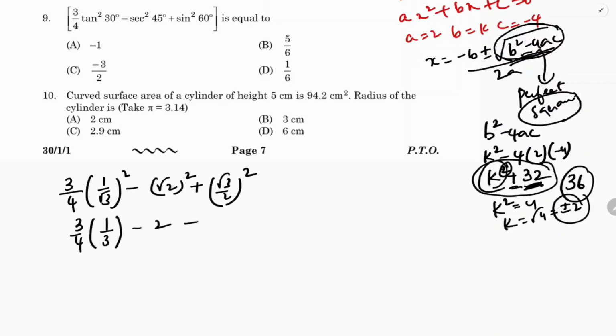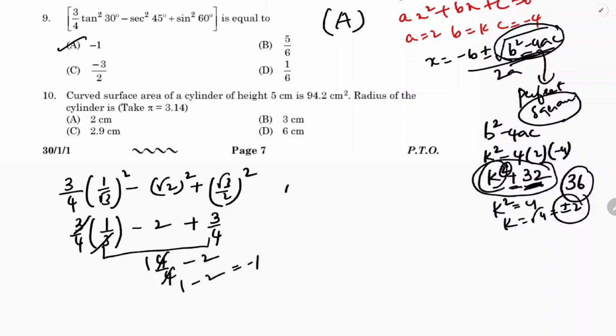Root 2 whole square is 2. And this is 3 by 4. 3 and 3 cancel, 1 by 4. 1 by 4 plus 3 by 4 is 4 by 4, minus 2. So 4 by 4 is 1. 1 minus 2 is minus 1. So the correct option is A.